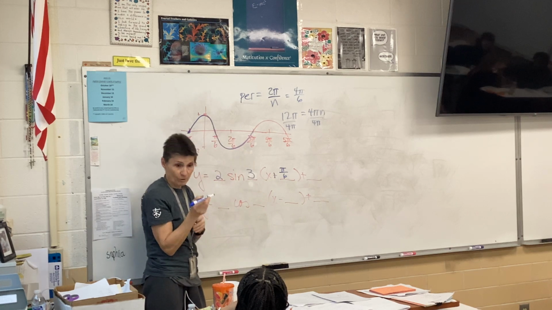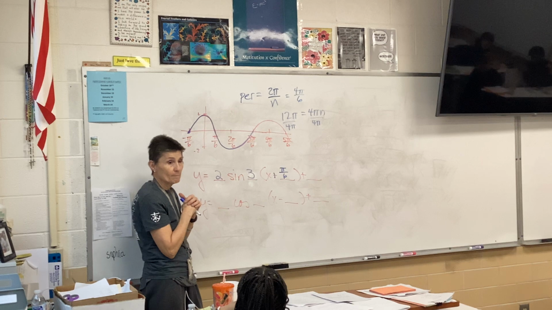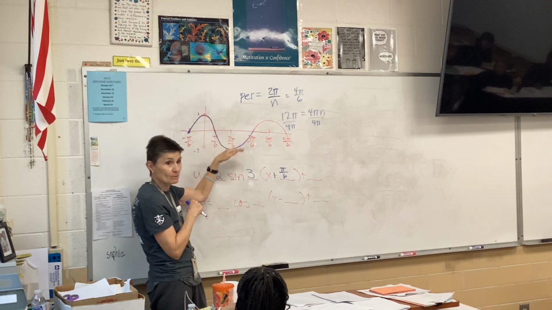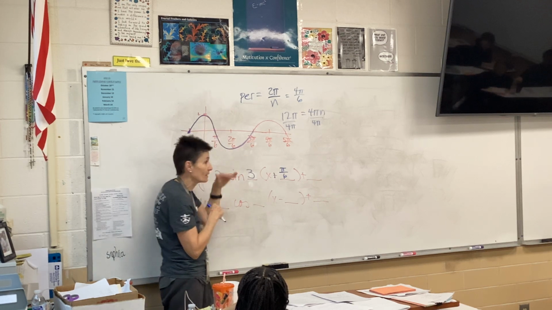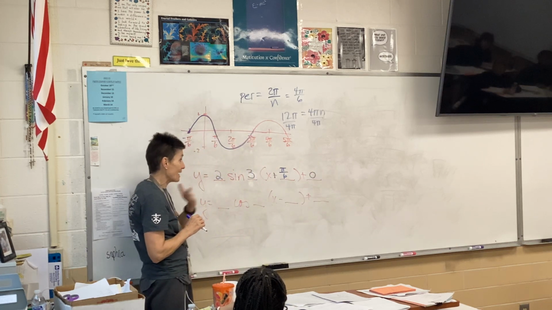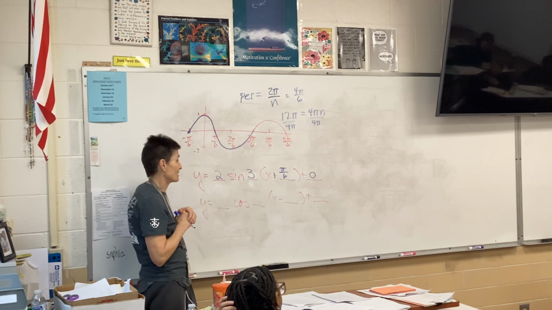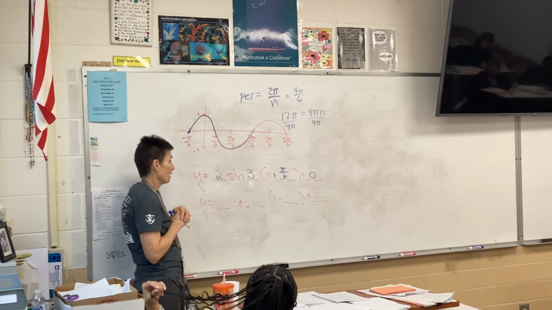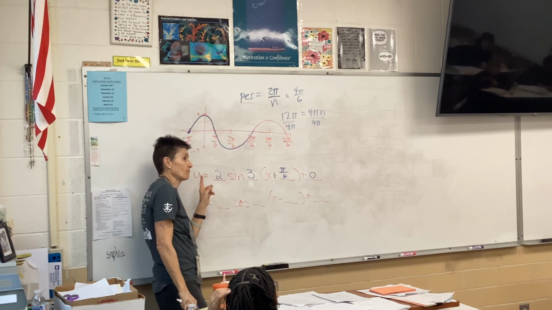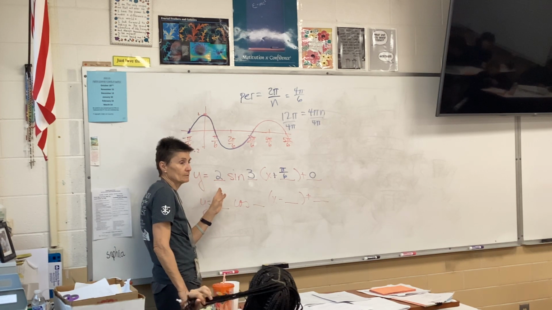Vertical, but it doesn't appear that there is a vertical shift here, because I'm just going up 2 and down 2 right on the main axis. So you don't need to put plus 0 there. I did because I had a blank there, but you do not have to put that plus 0, obviously. All right, so let's stop right there. This is an equation for a sine curve.